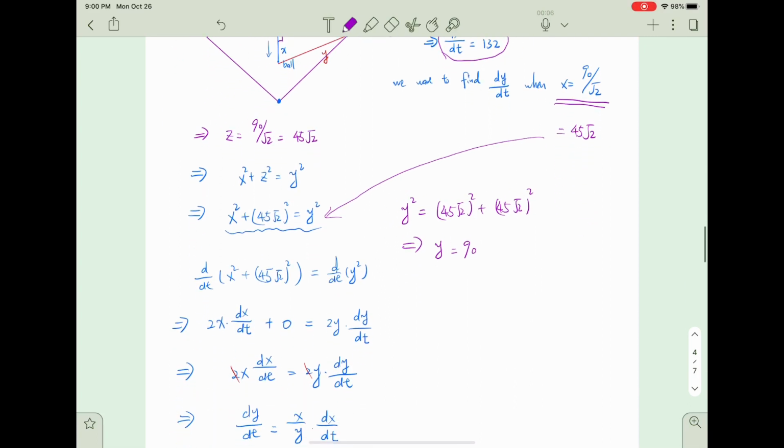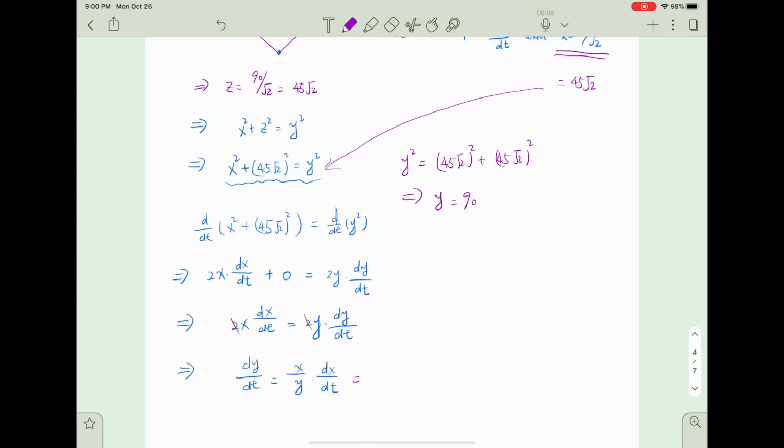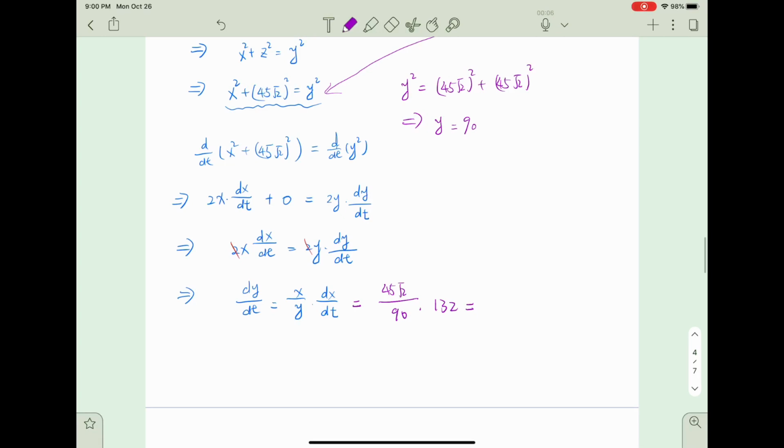If we plug in everything, x equal to 45 square root of 2, y equal to 90, and dx/dt equal to 132, everything together suggests that this will be 132 divided by square root of 2, which is just 66 square root of 2.